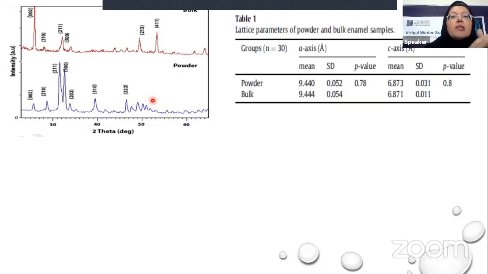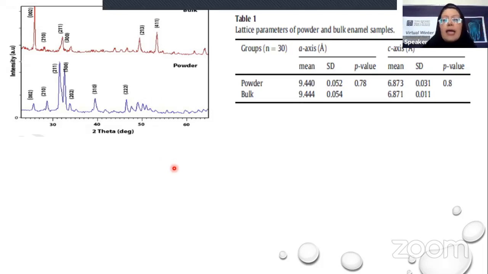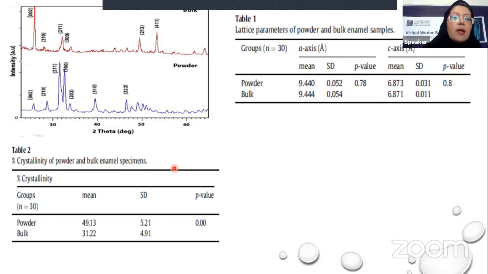We also measured the lattice parameters of enamel in the two forms, powder and bulk, and found that the lattice parameters are the same in both forms. We also measured the crystallinity of human dental enamel in powder and bulk and found that in powder form, the crystallinity of human enamel is more than in the bulk form.